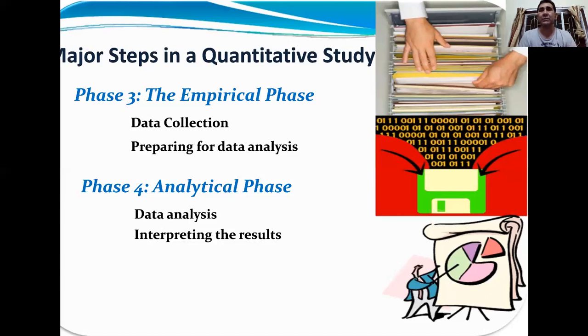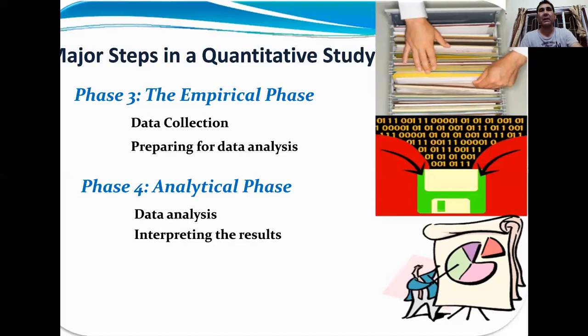You can also use Excel, which is also used for descriptive study designs, and you can use Minitab, SAS, and Stata. These are the different types of software available nowadays for data analysis, mostly used by researchers and statisticians.